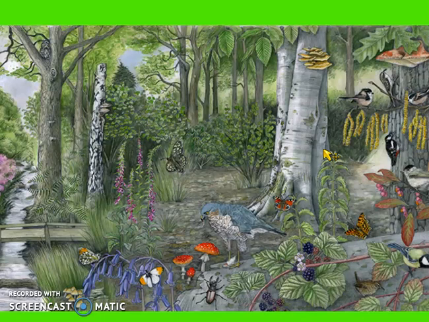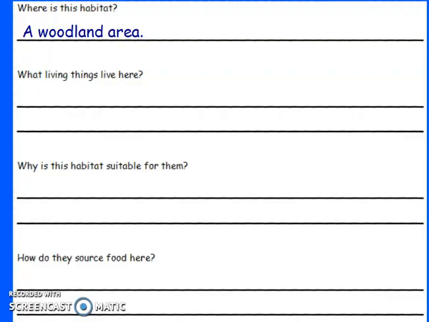Lots of creatures hiding in this picture. I can see a beetle. And they all live in the same habitat. So I'll write some of those names in there. And at this point, when you're doing your activity, you might want to research some of the animals by looking on the internet or asking an adult.